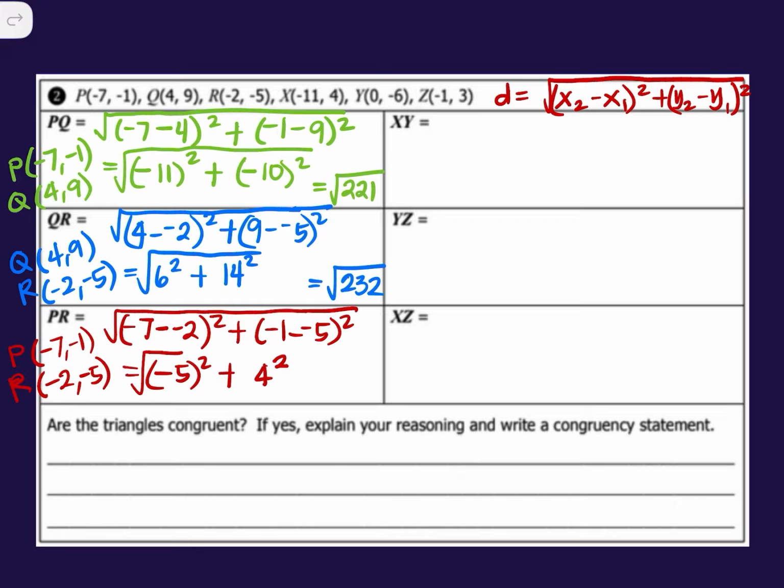So simplifying the answer, 25 plus 16, which is equal to square root of 41.